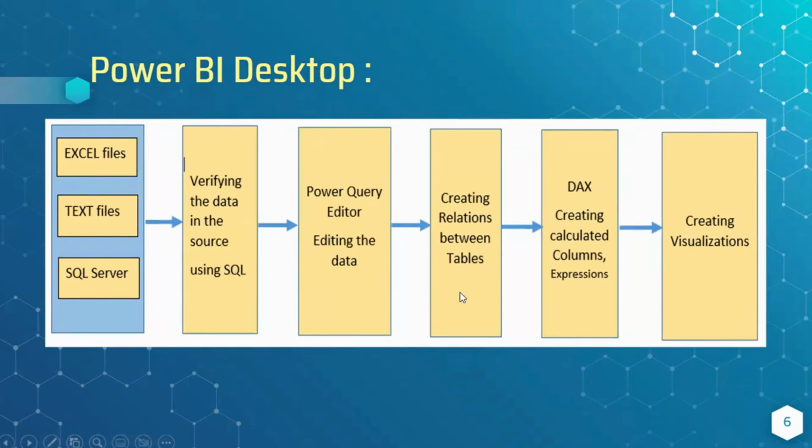Next, third step, we need to create relationships between the database tables. Next, fourth step, we have the DAX language inside Power BI. Using DAX functions, we can implement any kind of calculations required for our project.